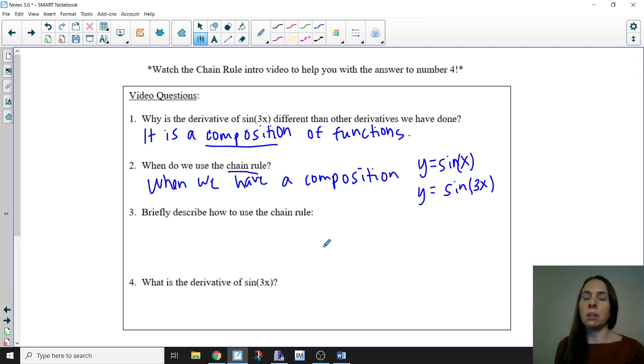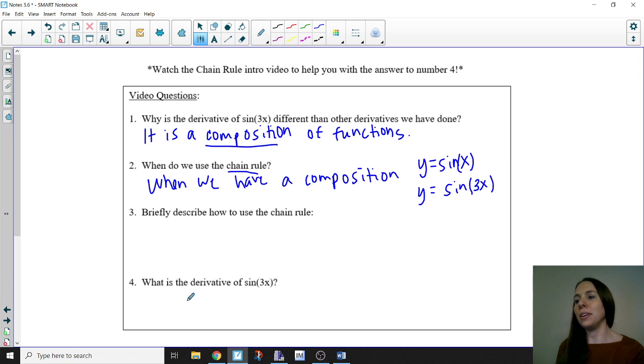I'll say that again in maybe another way: you differentiate the outside function, carrying along the inside function, and then you multiply by the derivative of the inside function. Take what you can from that. We're going to write an actual formula a little bit later in the notes.